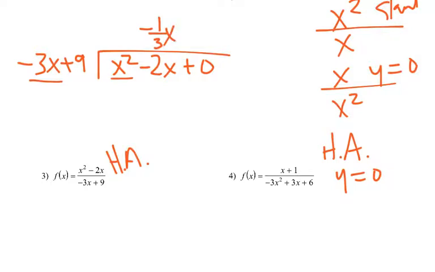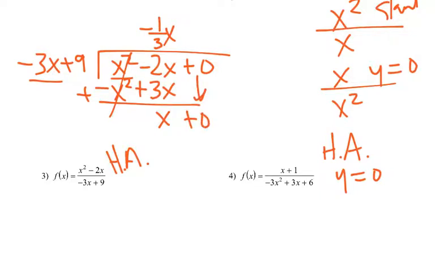Because negative 1/3 x times negative 3x would give us a positive x squared. The negative 1/3 x times 9 would give us a negative 3x. Then we change the sign and we add. So that becomes 0, which is what we want. Negative 2x plus 3x would just become x plus 0.